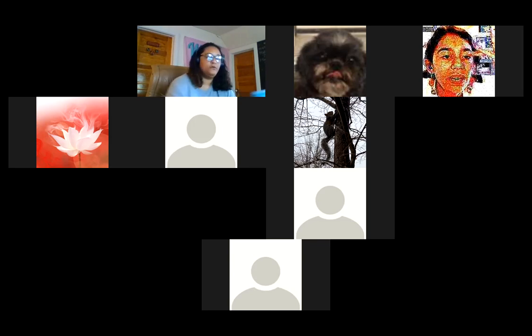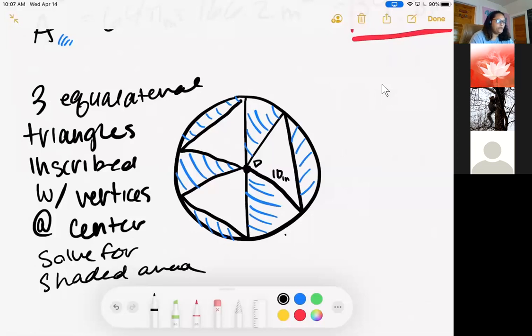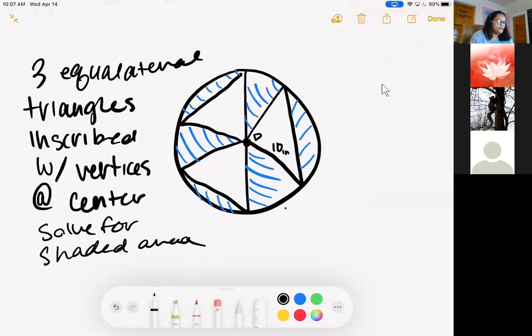Why can't I spell? Okay. Am I recording? All right. So we have 3 equilateral triangles inscribed with vertices at the center. Solve for the shaded area. Oh, and the radius is 10 inches.